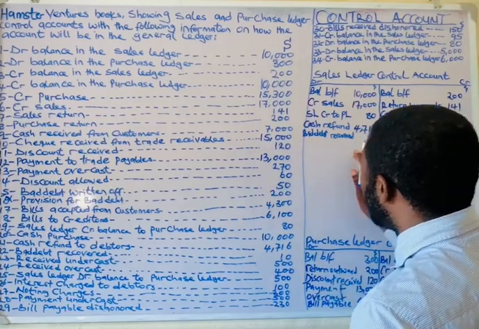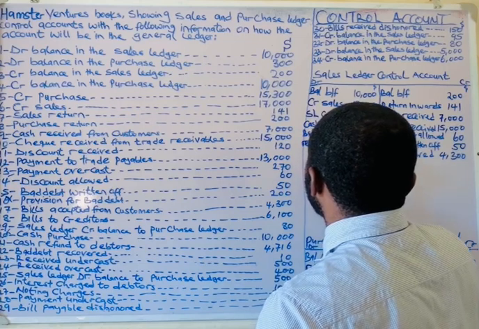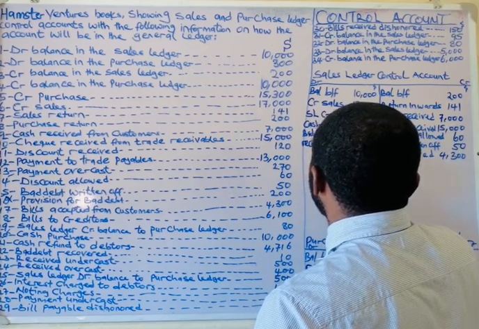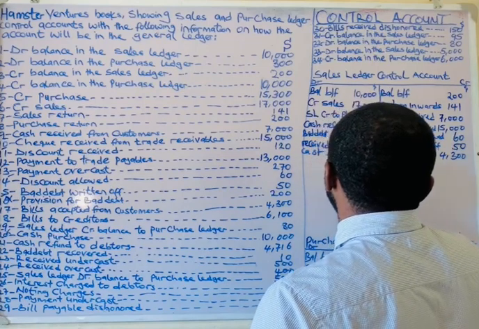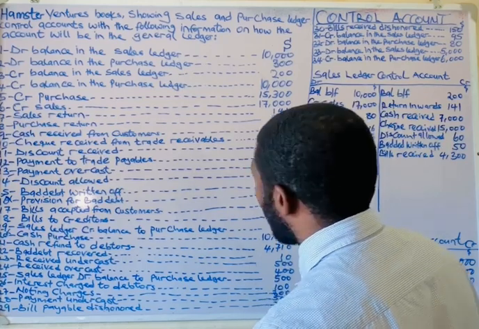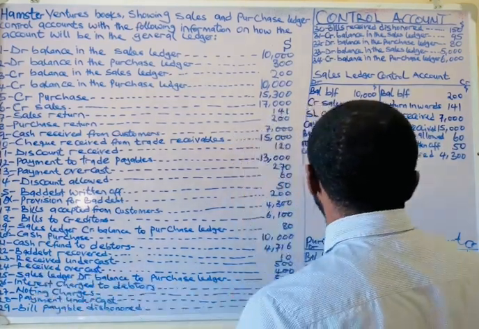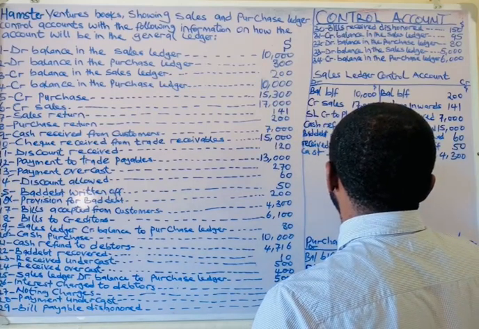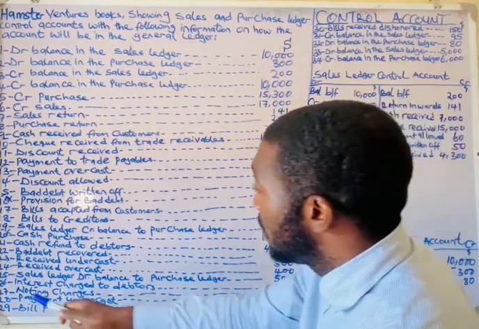So you add it here: received undercast, and the received undercast is $500. Simple as that.